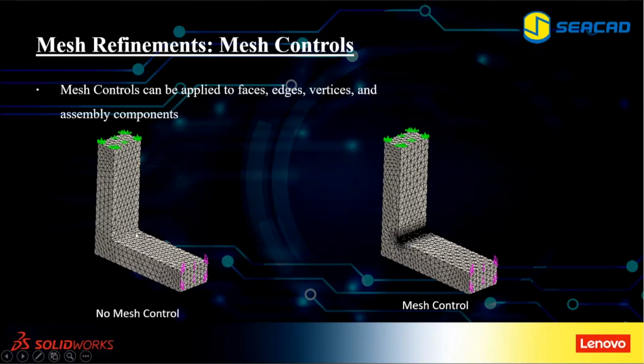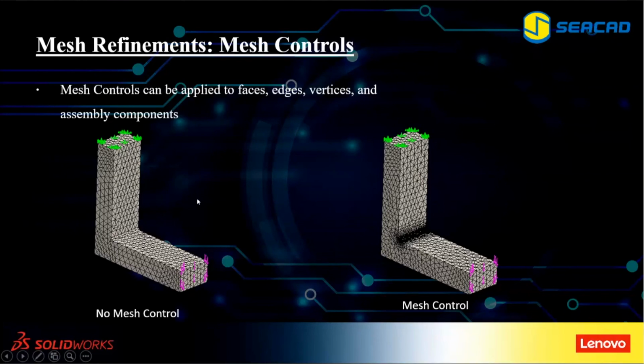The stress at this corner is quite large if you run the simulation and don't apply any fillet at this edge. So in order to get a more accurate result, we apply the mesh control along this edge.